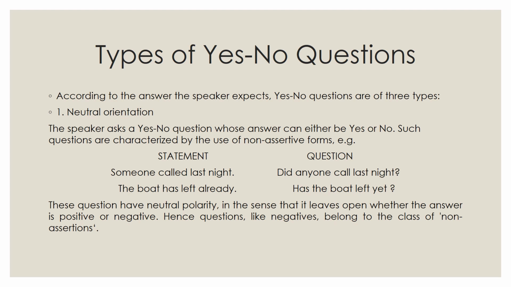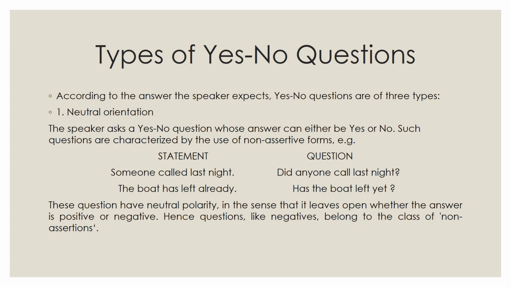Such questions are characterized by the use of non-assertive forms. So if you remember, when we explained the use of the non-assertive forms in negative sentences, we said the non-assertive forms are used in negative sentences, in questions, and in conditional clauses, while the assertive forms are used in positive statements.